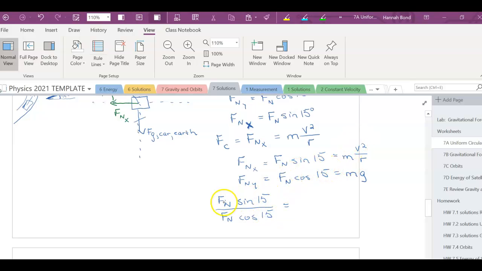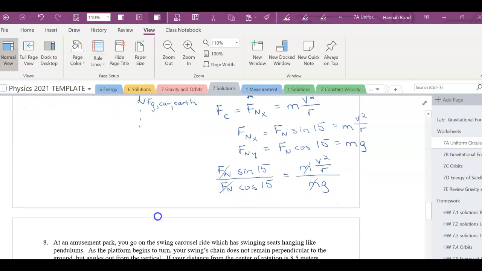Since F_n sine of 15 is m v squared over r, that's on top, F_n cosine of 15 is equal to mg. A lot of things are starting to cancel out here because they're on top and on bottom. And so I get that the tangent of 15 degrees equals v squared over r g.